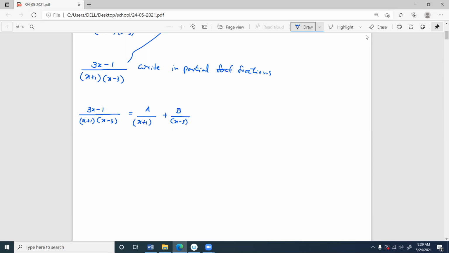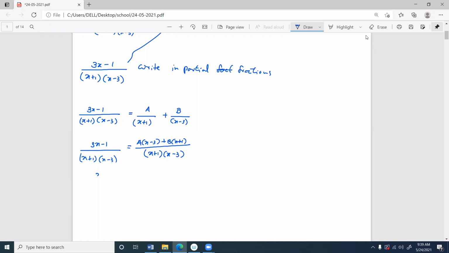Then we will take the right hand side and simplify it. We will work out the LCM for this part: x plus 1 into x minus 3. Then you can say A times x minus 3 plus B times x plus 1, equals 3x minus 1 divided by x plus 1 into x minus 3.